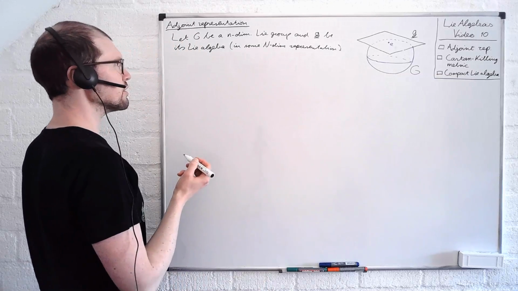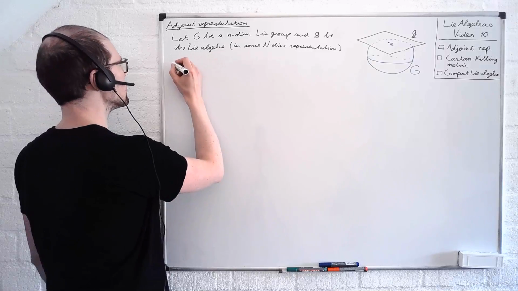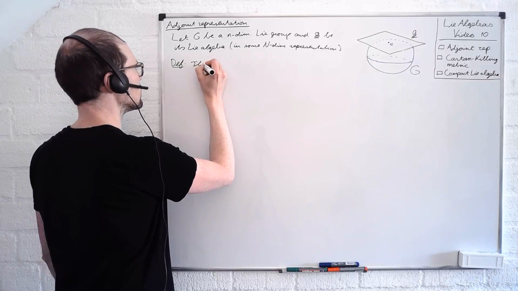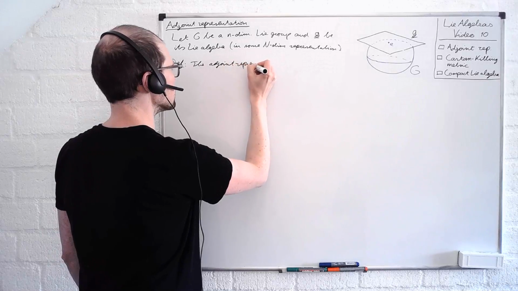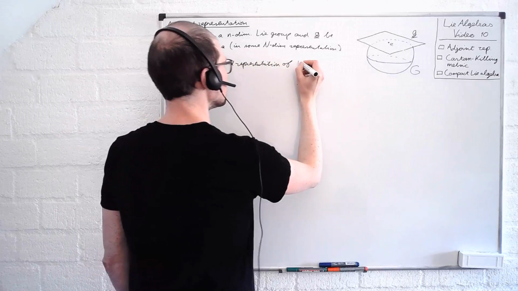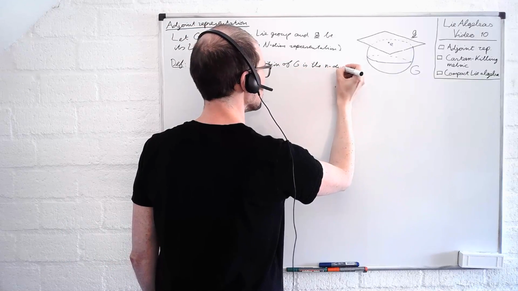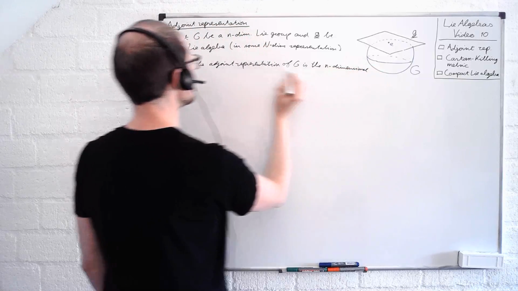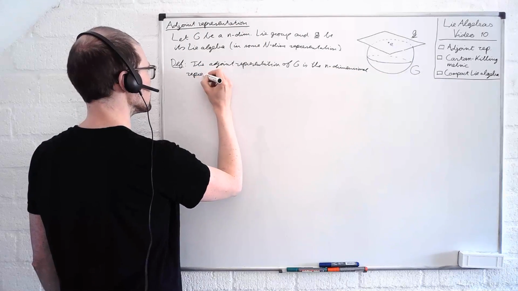Okay, let's get into the definition of the adjoint representation of the Lie group. Definition: the adjoint representation of G is the n-dimensional representation, where n is the dimension of the Lie group.